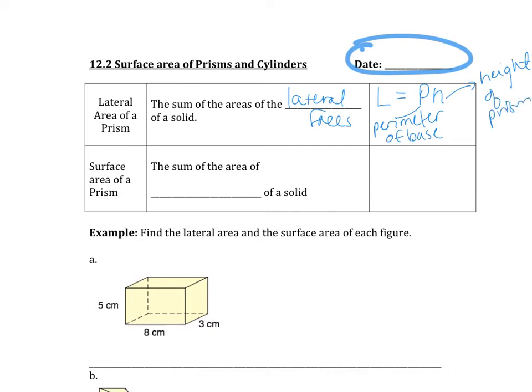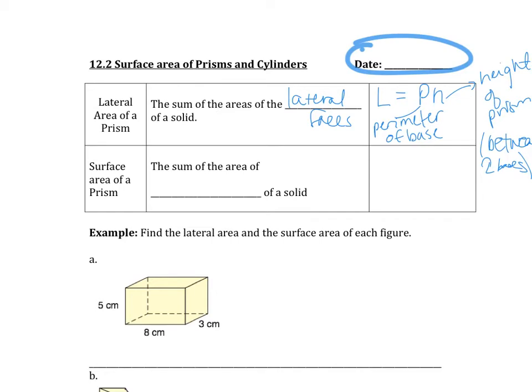Okay, so big P is the perimeter and H stands for the height. And again, the height is between the two bases. Okay, it's important to remember.